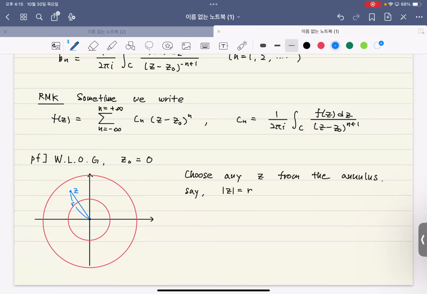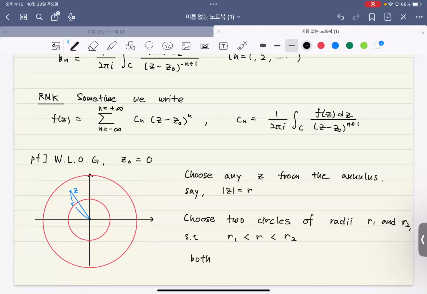Now, other than this, I want to choose two other circles, of radius r1 and r2, such that r1 is less than r and r2 is greater than r.